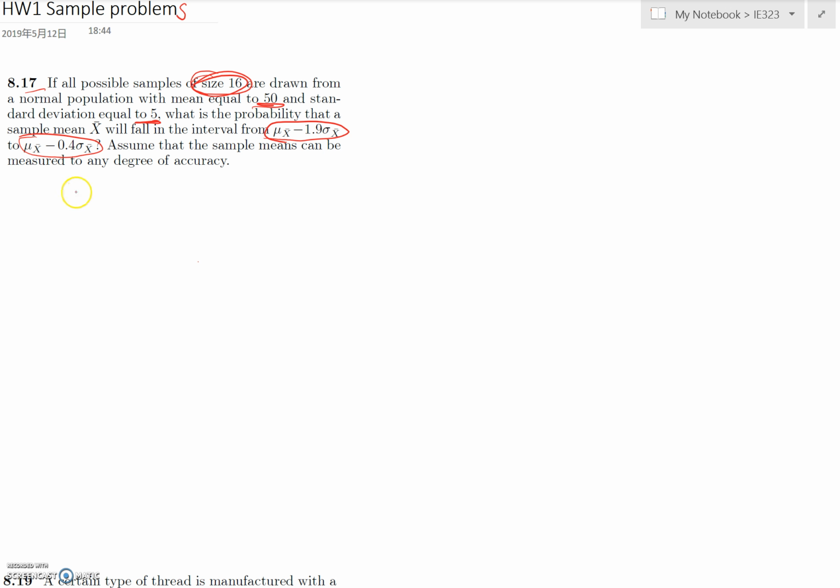First, from the problem setting, we can know the sample size is 16, and for the population, the mu, which is the mean, equals 50, and the standard deviation equals 5. Okay.